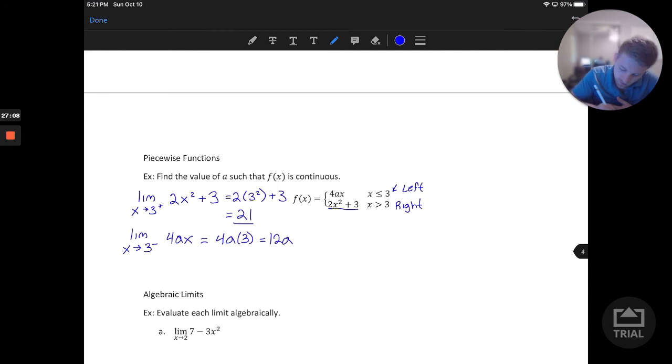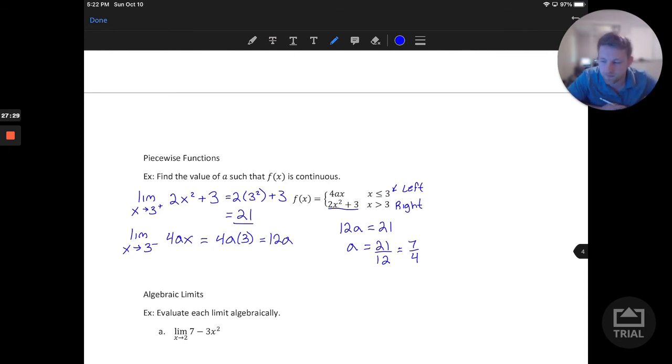So let's put these together. I would know that 12a needs to be equal to 21 for that to be true. And so we could say that a is going to be equal to 21 over 12, or we can simplify that as 7 over 4.